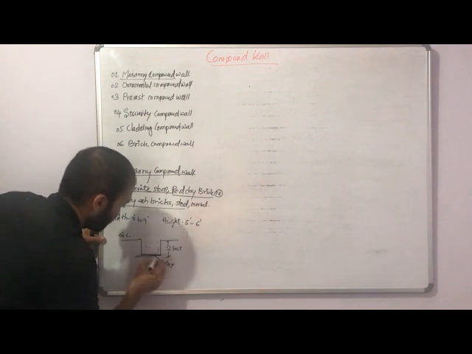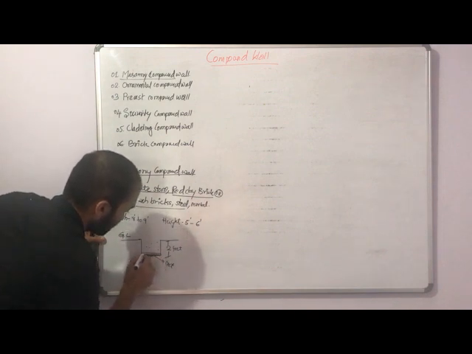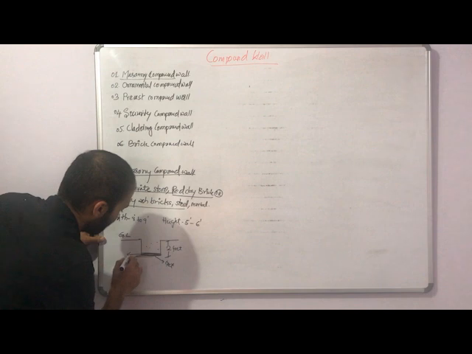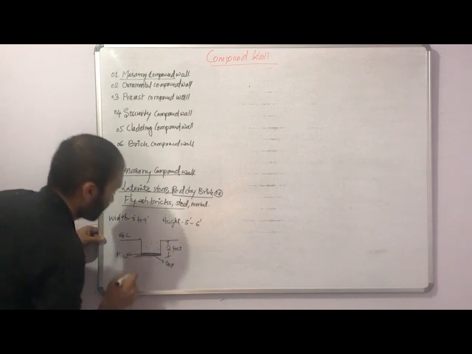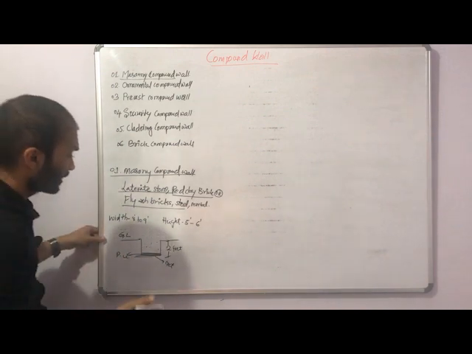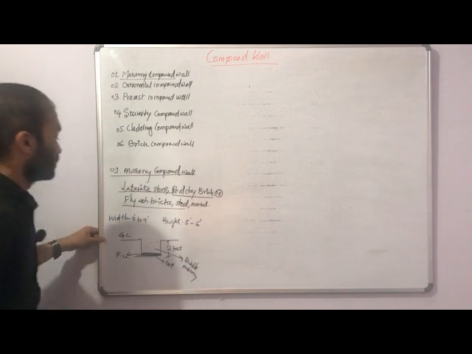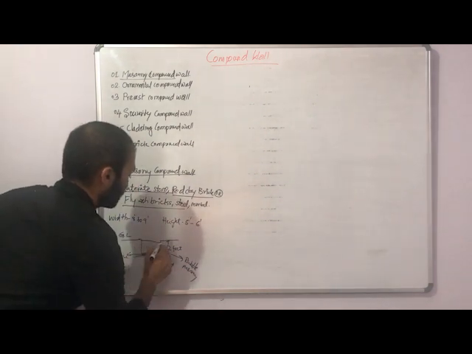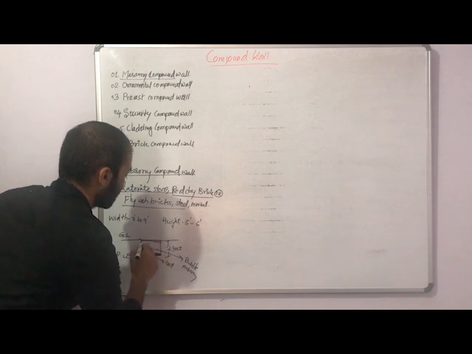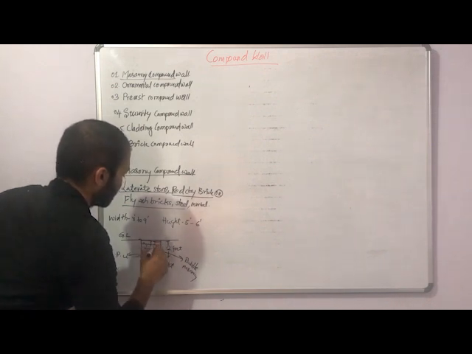Above the compacted soil, we fill PCC as a bed for making the rubble masonry, or rubble stone. So we make rubble masonry up to here.